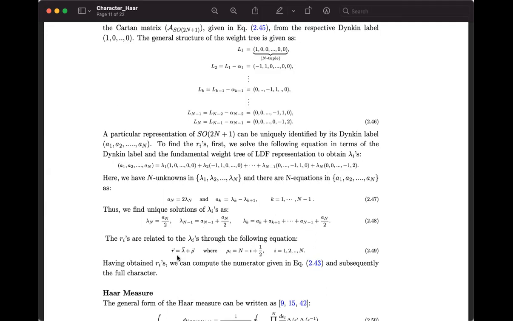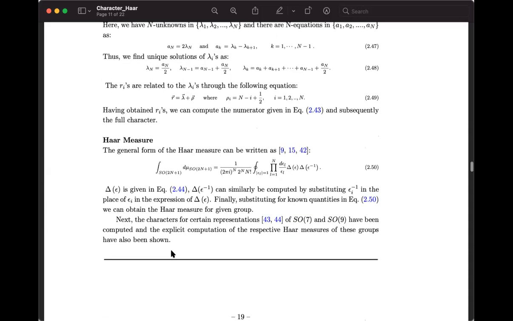Okay, and then R equals lambda plus rho. But here the rho is defined in a different way compared to the SU(N), which is N minus i plus half. Okay, so now we know the lambda for a given representation, we know the rho for this given group, so we can calculate all the R_i's.